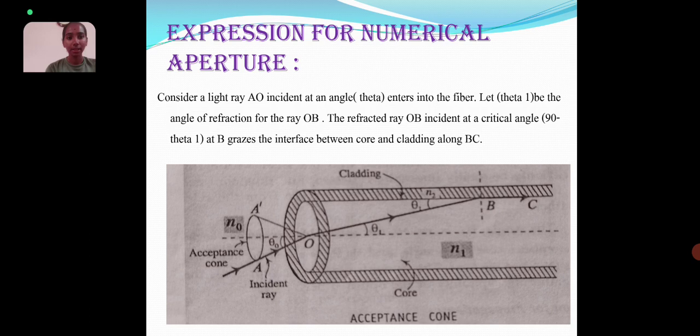The refracted ray OB is incident at the critical angle, given as 90 minus theta 1. At B it grazes the interface between the core and the cladding along BC. In the figure we can observe both the core and the cladding.